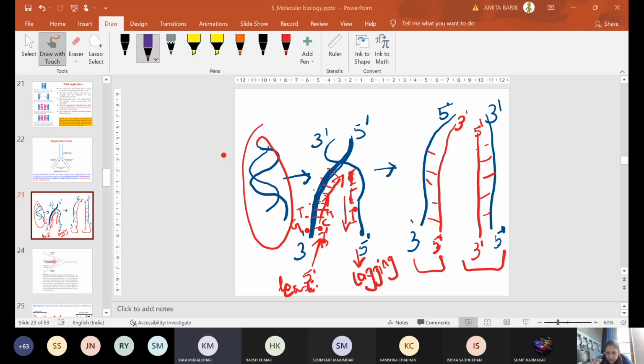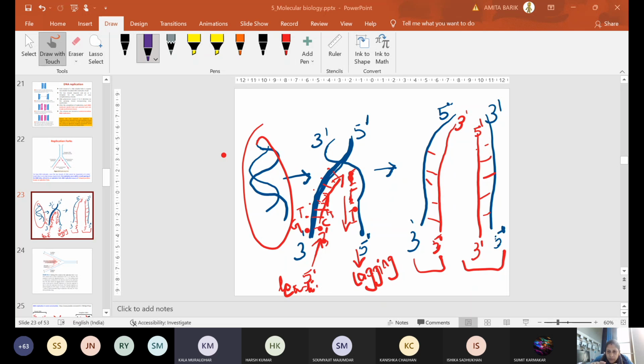So if you look at the overall points of DNA replication: first, it is semi-conservative, because there is one parent strand and one new strand. Polarity is very important, because it moves in the 5' to 3' direction. DNA polymerase is the enzyme adding nucleotides to form the leading strand.